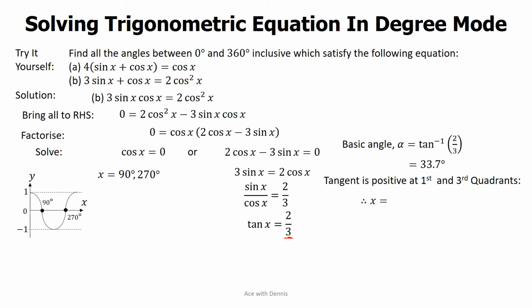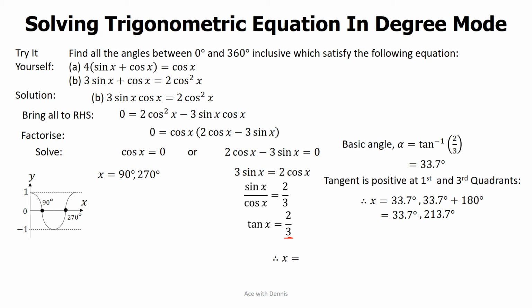Now we can update the quadrant diagram. So x will be equal to 33.7 degrees and 33.7 degrees plus 180 degrees. The answer will be 33.7 degrees and 213.7 degrees.